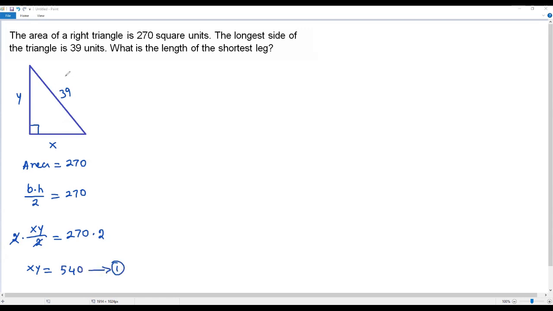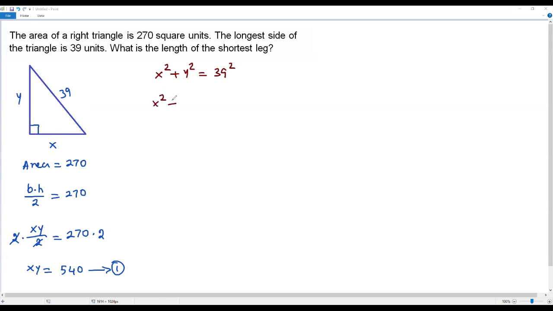Now I consider the Pythagorean theorem in this right triangle. The Pythagorean theorem says the sum of the squares of the two legs of a right triangle always equals the square of the hypotenuse. So if I square these two legs and add them, it must be equal to the square of the hypotenuse, that is 39 squared. Let me write here, x squared plus y squared equals 39 squared.